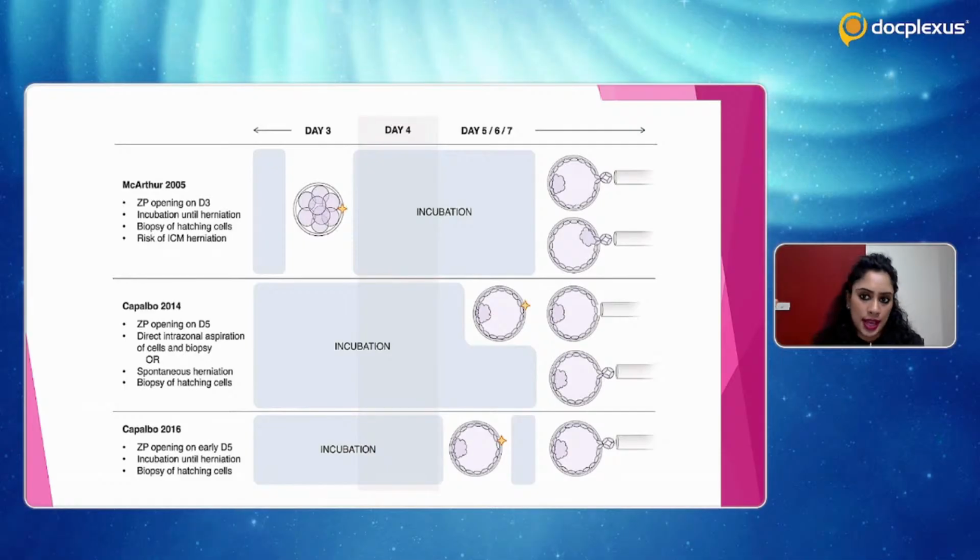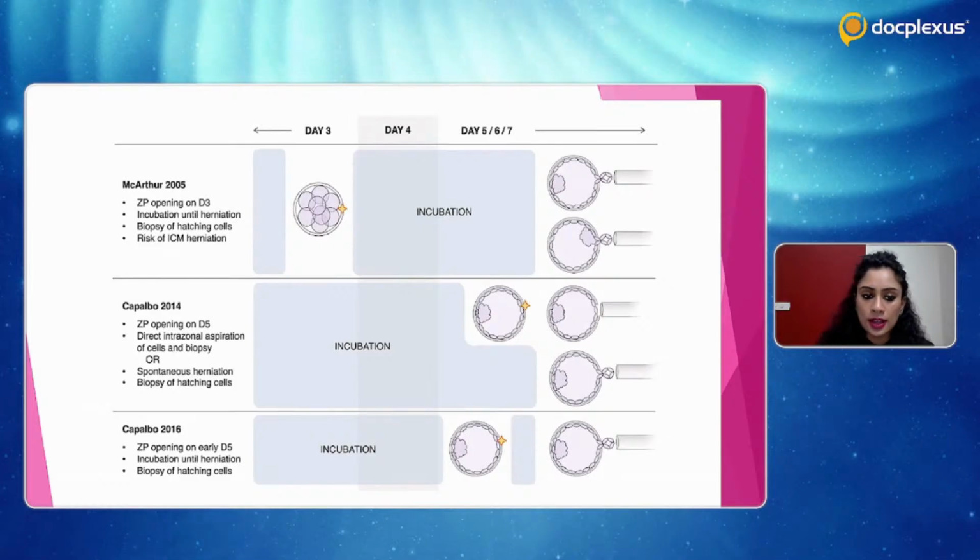So that was the risk it carried. In 2014, it was changed to zona pellucida opening on day 5 and then direct intrazonal aspiration of cells and biopsy, or you leave it for spontaneous herniation and then take the biopsy of the hatching cells.